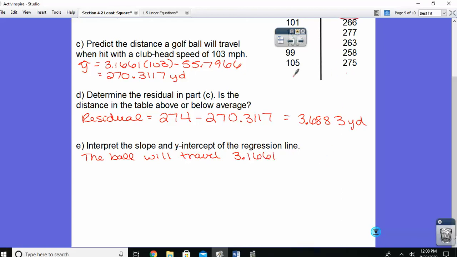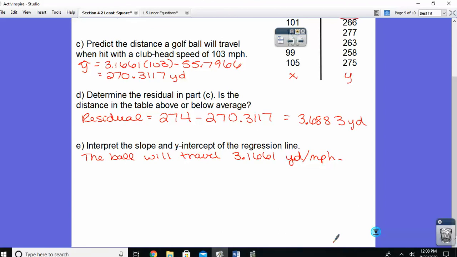Slope is y over x. Well, my y was measured in yards per, my x was miles per hour. Okay, so for every mile per hour faster you hit it, it'll go an additional 3.1661 yards.